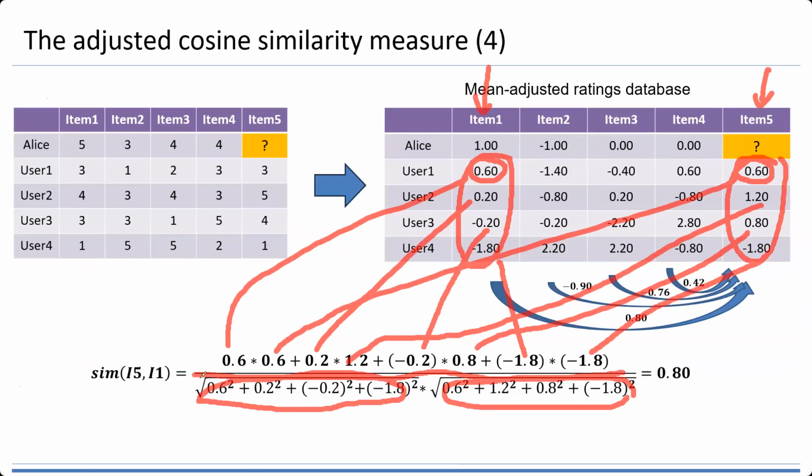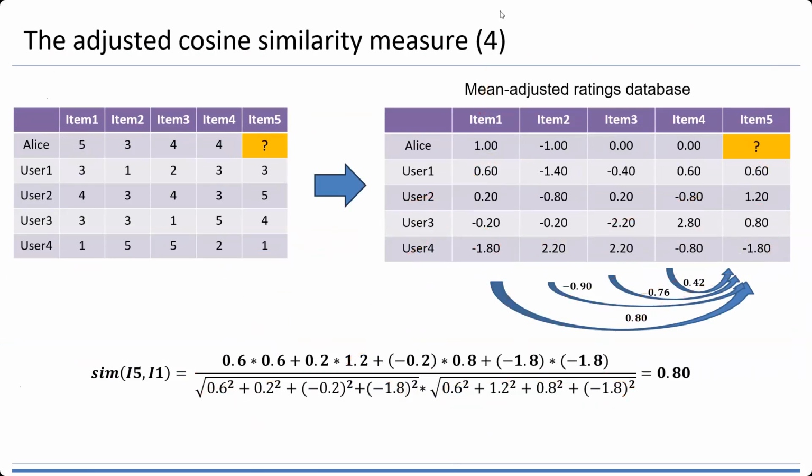And don't forget to do the square root. So we can get the similarity value of 0.8.